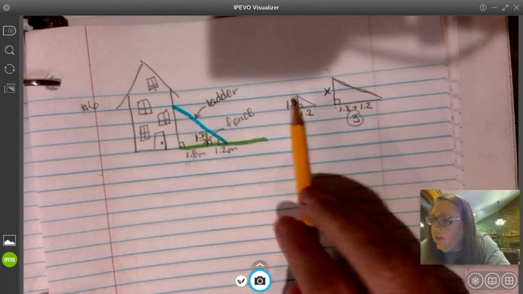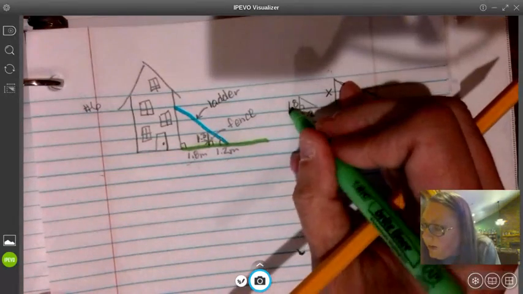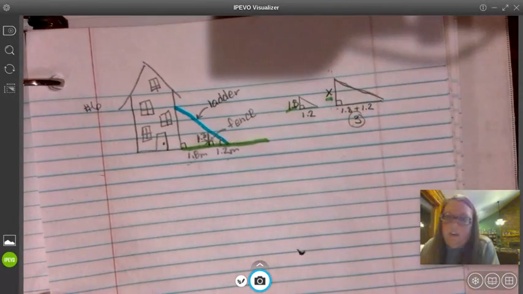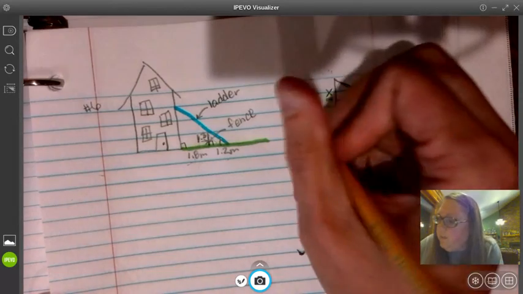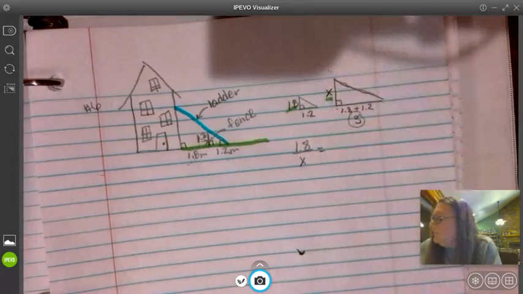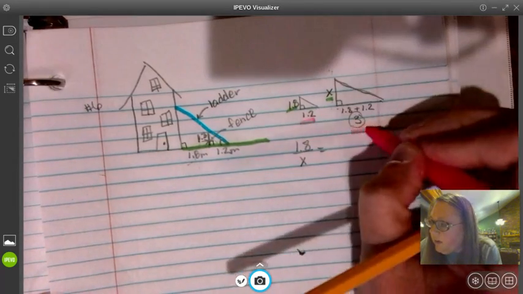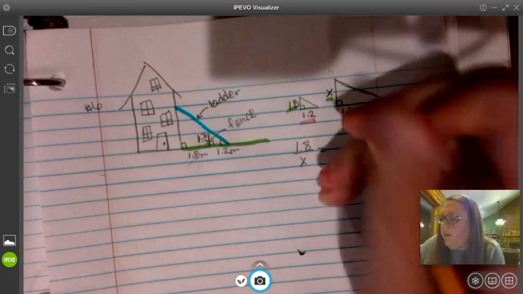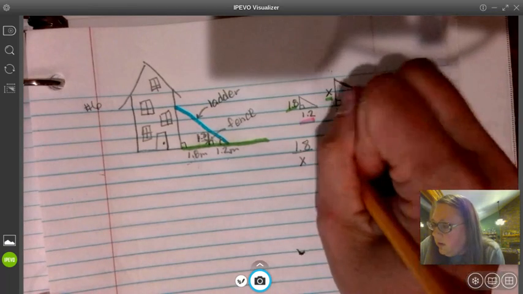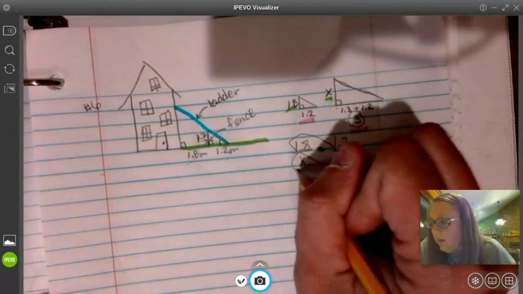So let's set up a ratio here. I have that this 1.8 here is going to go with that x. So I'm going to set up 1.8 over x is going to equal, and now I'm going to use my 1.2 and my 3. So I have 1.2 over 3. And I'm going to cross multiply.